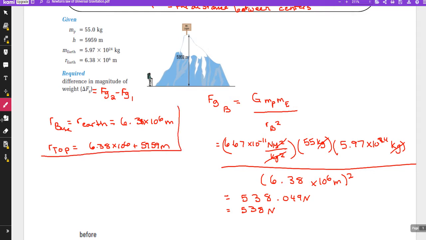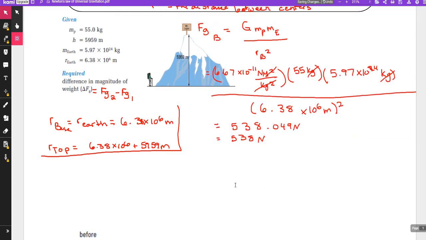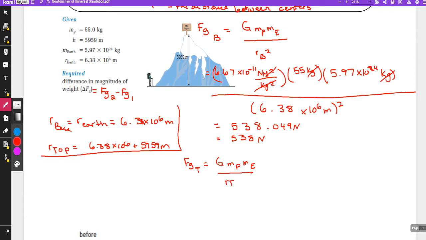So I'll write a little bit smaller, and I will move this a little bit up. So then when we are looking at our Fg at the top, same setup, G, m_P, m Earth over r_T squared.